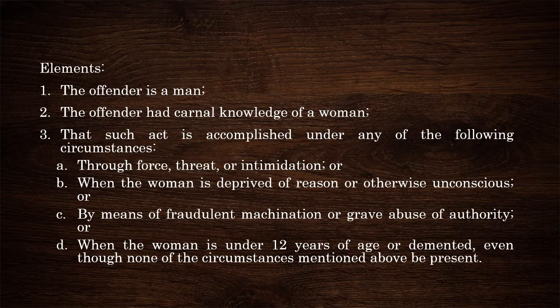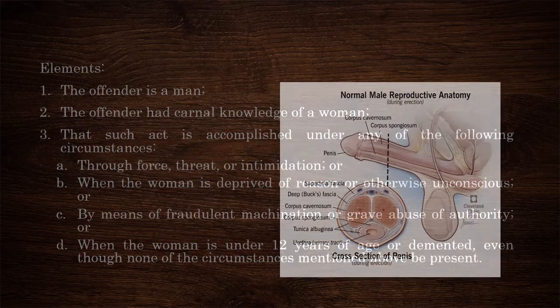Or letter B, when the woman is deprived of reason or otherwise unconscious. Or letter C, by means of fraudulent machination or grave abuse of authority. Or letter D, when the woman is under 12 years of age or demented, even though none of the circumstances mentioned above be present. Let us discuss each of these elements in the succeeding slides.